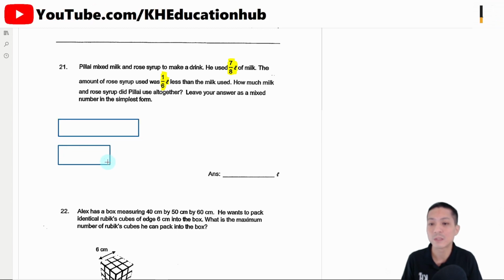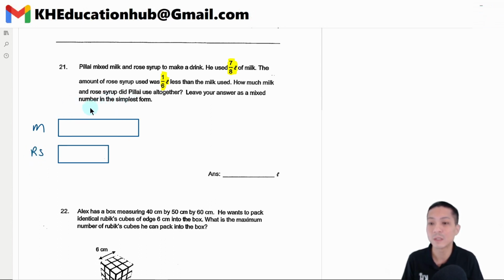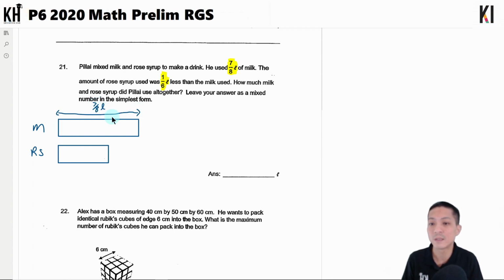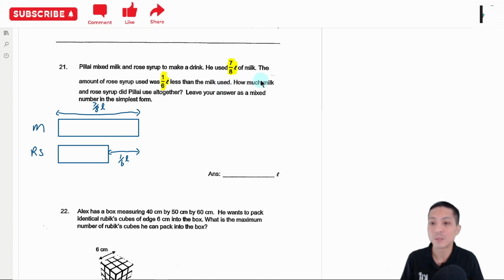So this will be the milk, and this will be the rose syrup. Here to here will be the 7/8 liters, and here to here will be the 1/6 liters. How much milk and rose syrup did Eli use altogether? So we need to find the total.